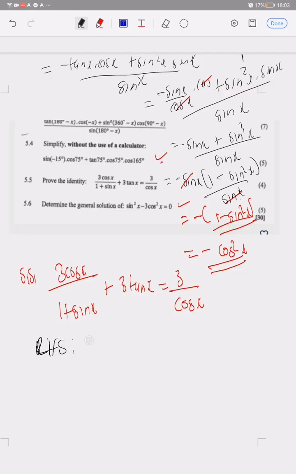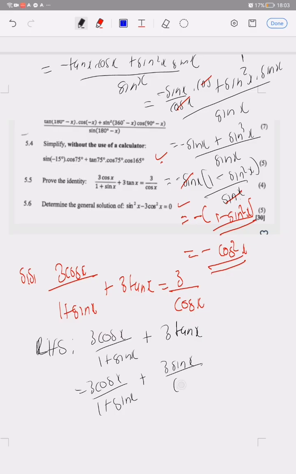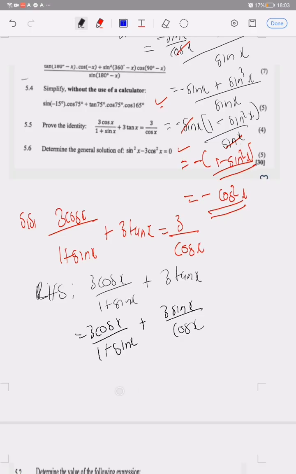Left-hand side is 3 cos x over 1 plus sine x plus 3 tan x, which is 3 cos x over 1 plus sine x plus 3 sine x over cos x. All right, the LCD is 1 plus sine x times cos x.